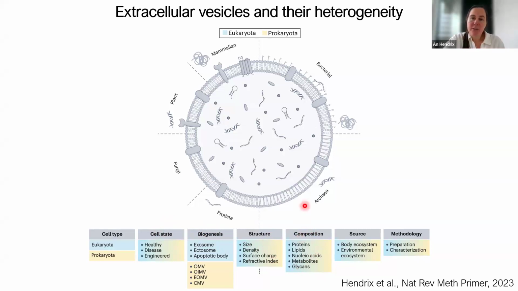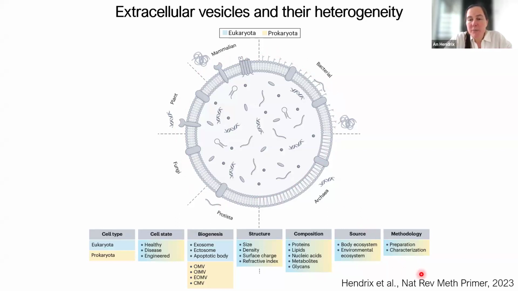On top of that, once these extracellular vesicles are released into their environment, they can also develop a biomolecular corona, meaning proteins or other molecules that are abundantly present in these sources can adhere on the outer side of these extracellular vesicles.